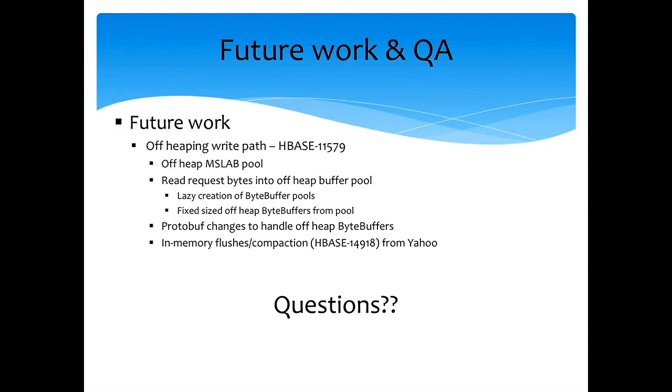When you have a lot of small-sized cells and 128 MB is your flush size, almost 50% gets accounted for by the overhead of the concurrent skip list map, the cell references and the pointers to the cells. So the design done by the Yahoo team for the in-memory compaction, and the indexing mechanism of the cells into the pipelines, will definitely be helpful in this off-heap work, so that we can do proper accounting of the memory.